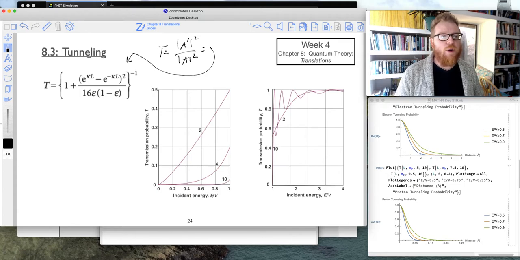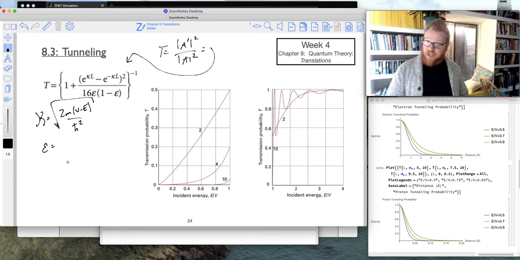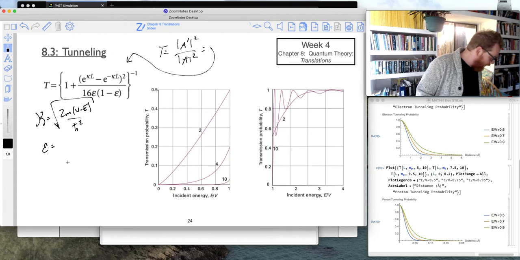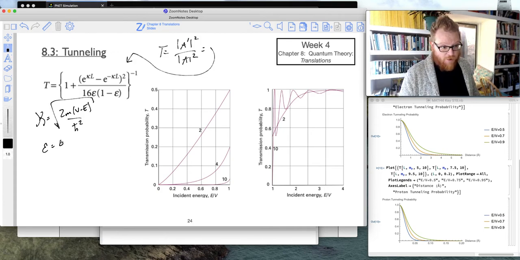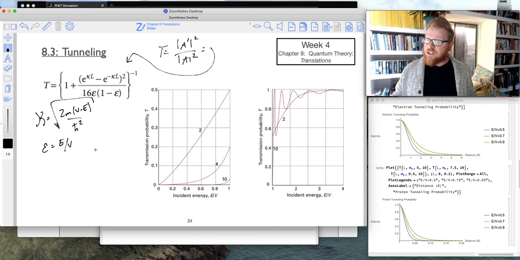Here we notice that we no longer need k, we only need kappa. I'll remind you that kappa is equal to the square root of 2m(V minus E) over h bar squared. And this eta that we see right here is the ratio of E over V, the ratio of the particle's kinetic energy to its potential energy.